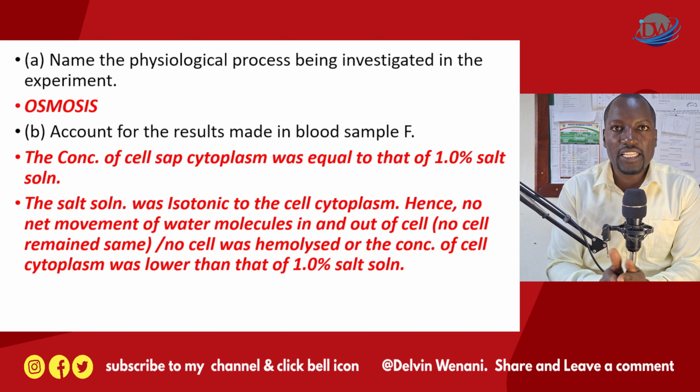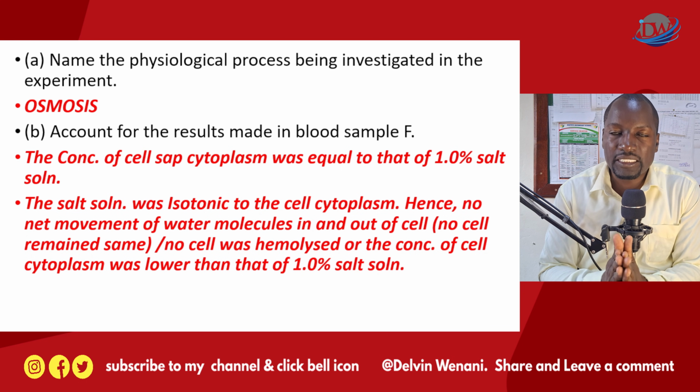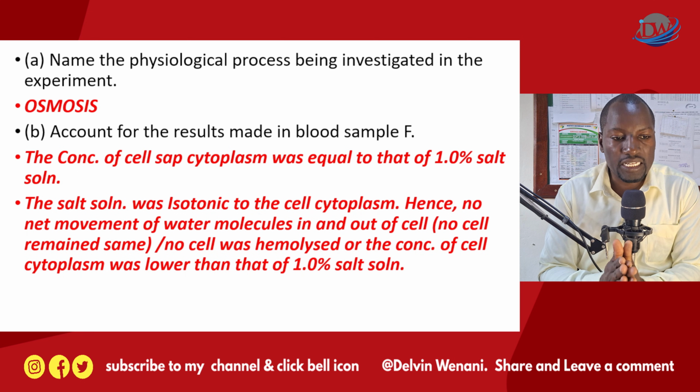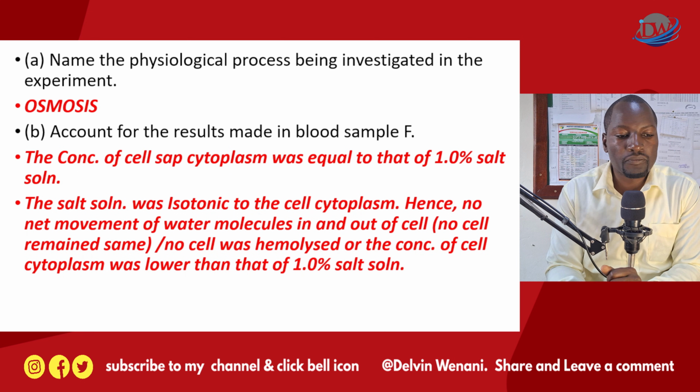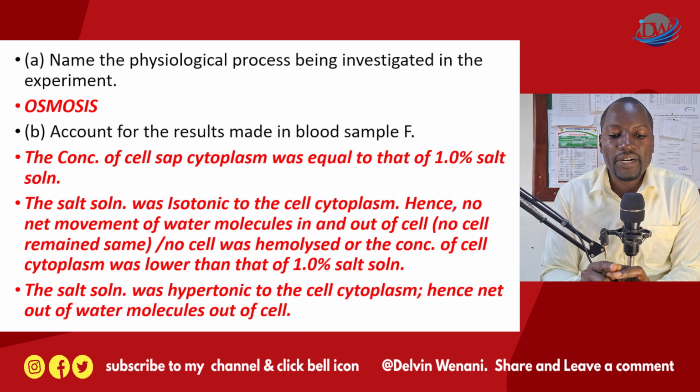If the concentrations are the same, then there is no movement of water molecules in and out of the cell, and therefore the number remained the same. Also, you'll discover that the solution was hypertonic to the cell cytoplasm.